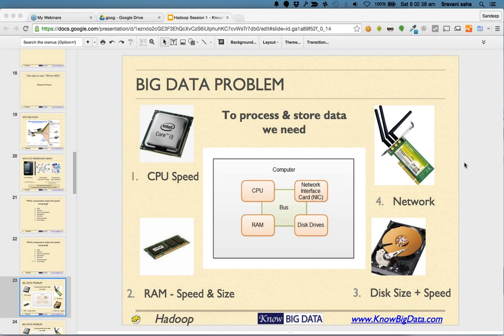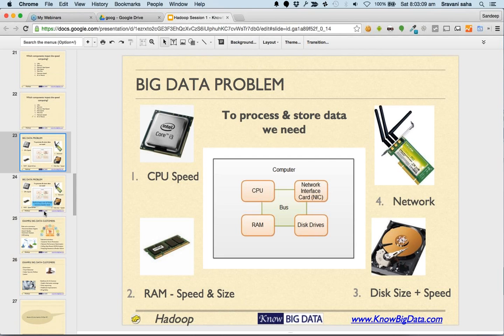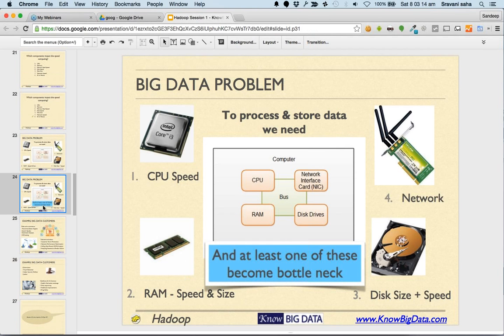So there are these four components, and all of them matter a lot when we do computing. When we are talking about big data, any of these four components can become the bottleneck when we try to process big data. Keep this in mind.